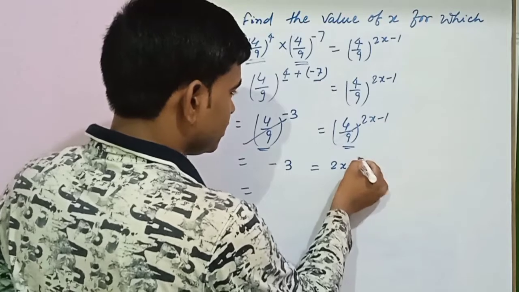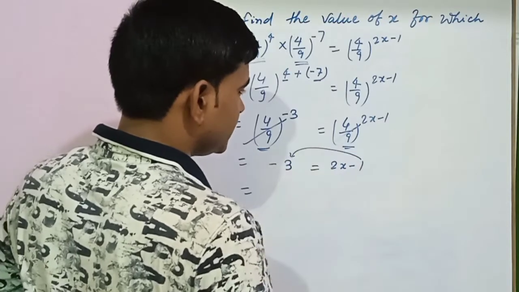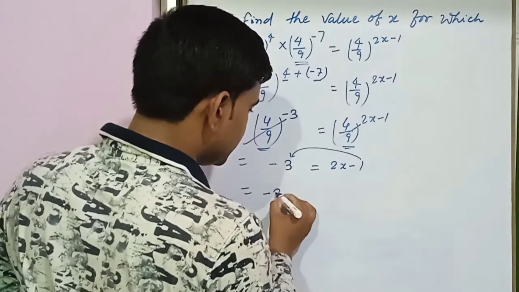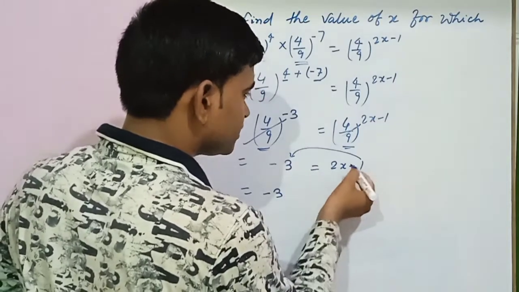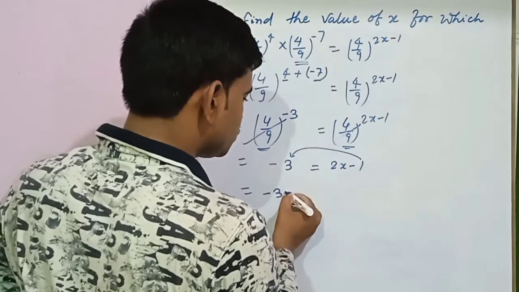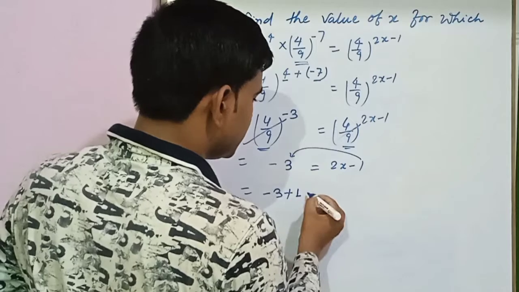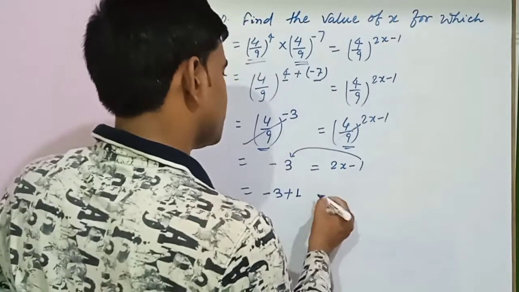Minus 1 is on the right hand side, and when it goes to the left hand side, its sign will be changed and it will be in positive form.